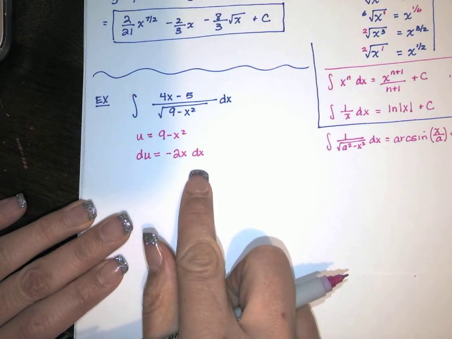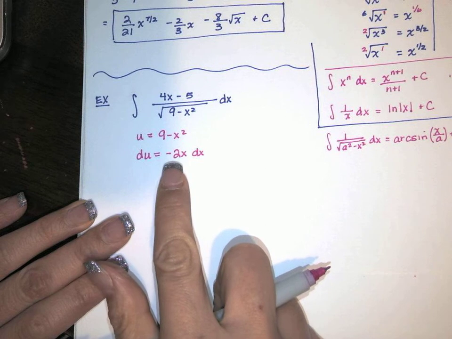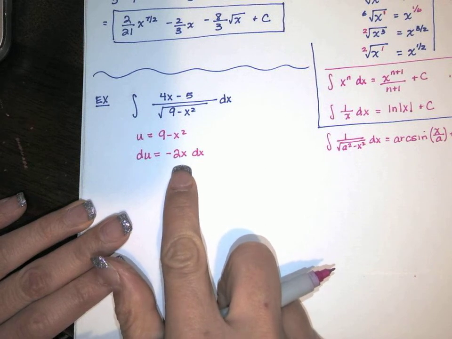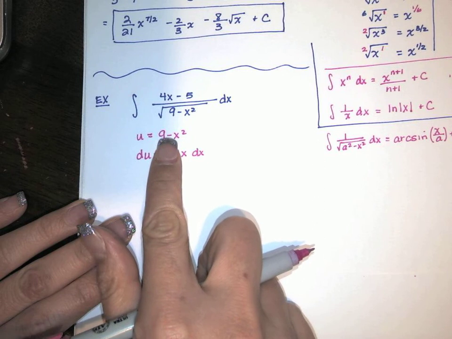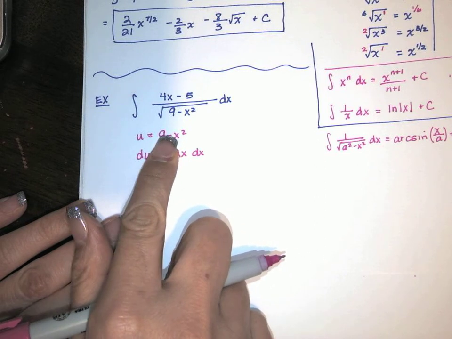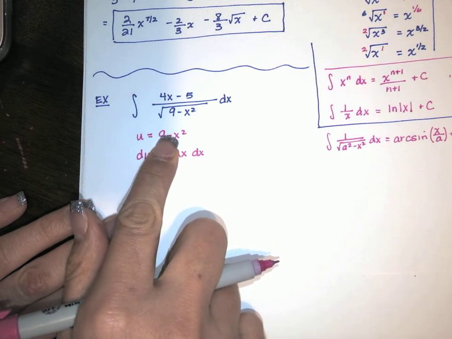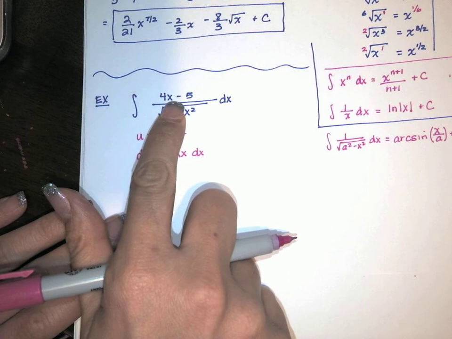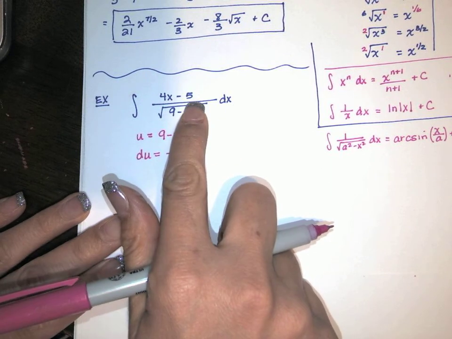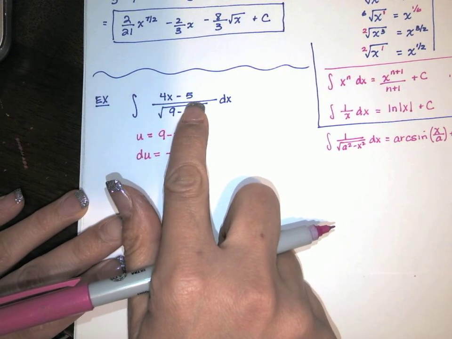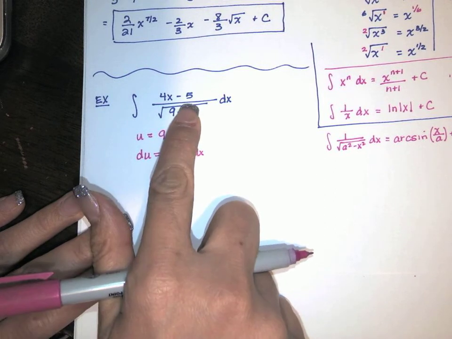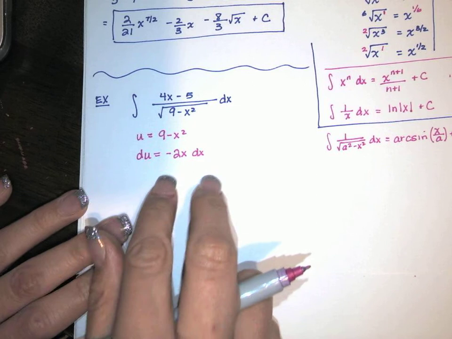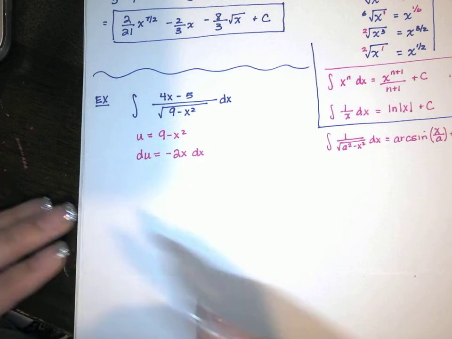The u sub doesn't work because I need a constant times the negative 2x dx up here somewhere. I can always divide or multiply by something to get rid of the negative 2. I just need an x dx. There's an x and a dx, but that extra 5 doesn't work with my u sub. I can't multiply this by something and get a constant times x plus or minus this extra 5. So the u sub won't work in its current form.